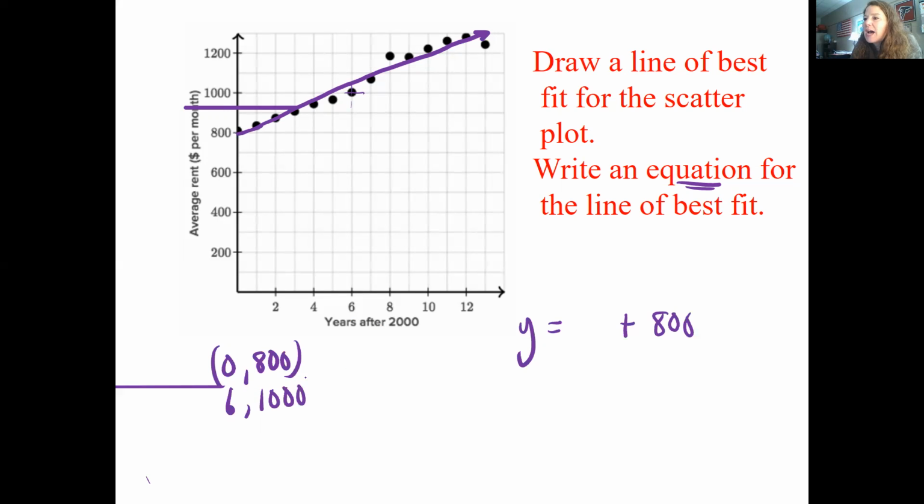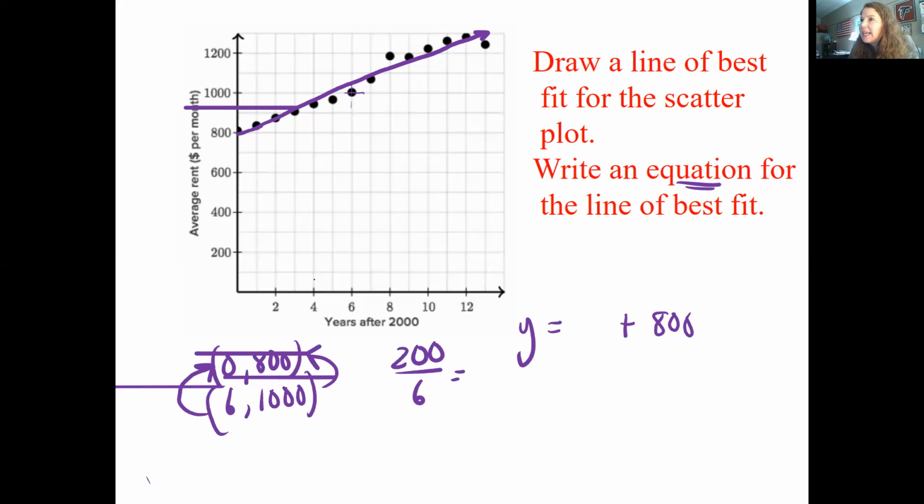And we're going to use our slope formula, y2 minus y1 over x2 minus x1. So what is 1000 minus 800? That number is 200. And then 6 minus 0 is 6. So if I divide 200 by 6, I get about 33.